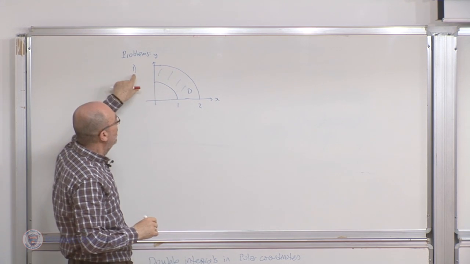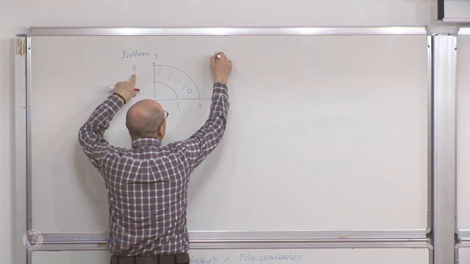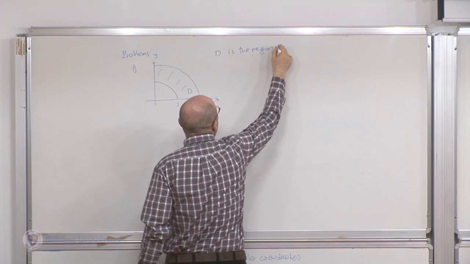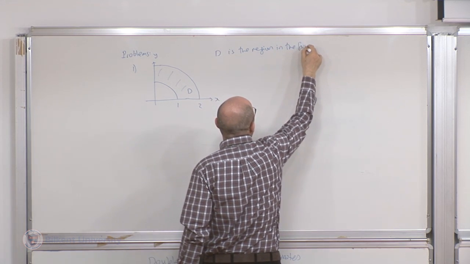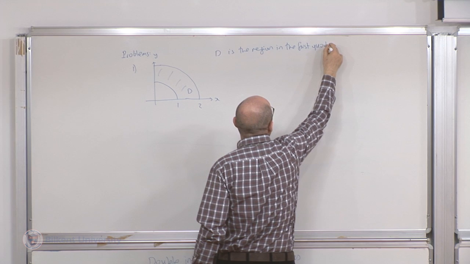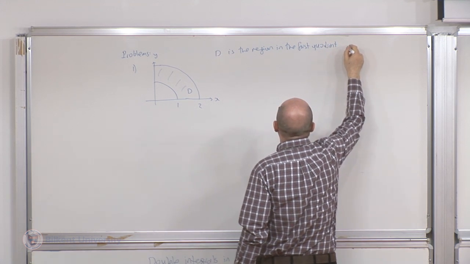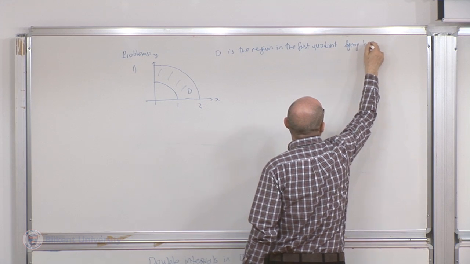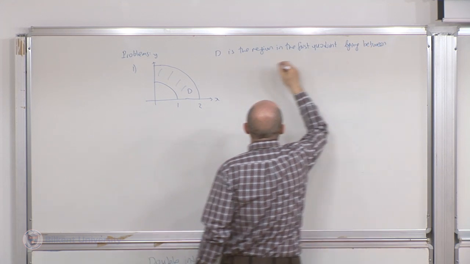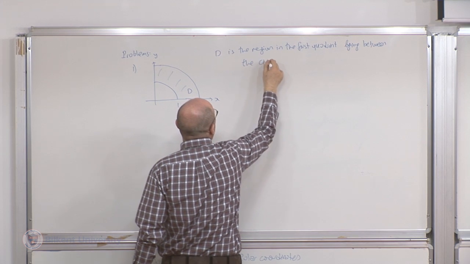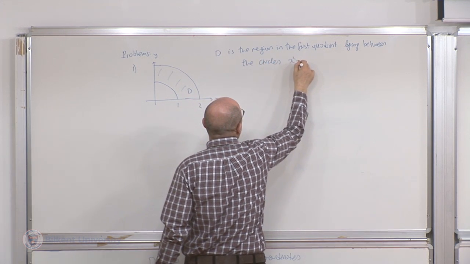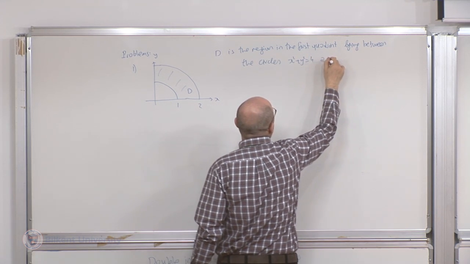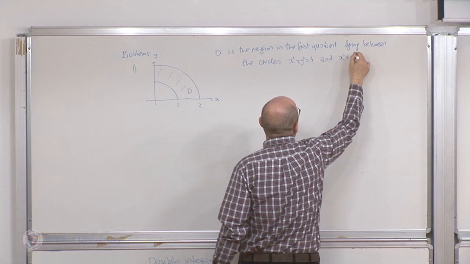So D is the region in the first quadrant lying between the circles x squared plus y squared equals 4 and x squared plus y squared equals 1.